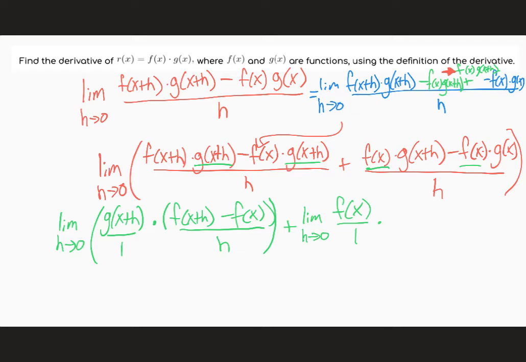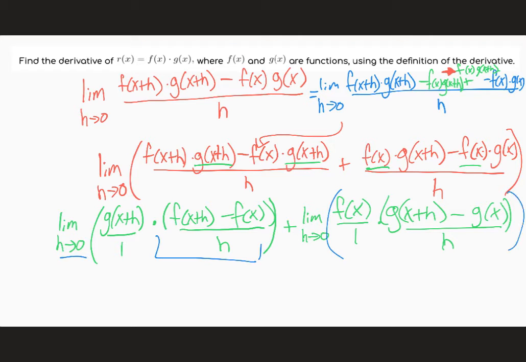And then multiply this by g of x plus h minus g of x over h. And my hope is that we can see that the limit of this lovely friend is going to be a derivative. The limit of g of x plus h is just g of x.